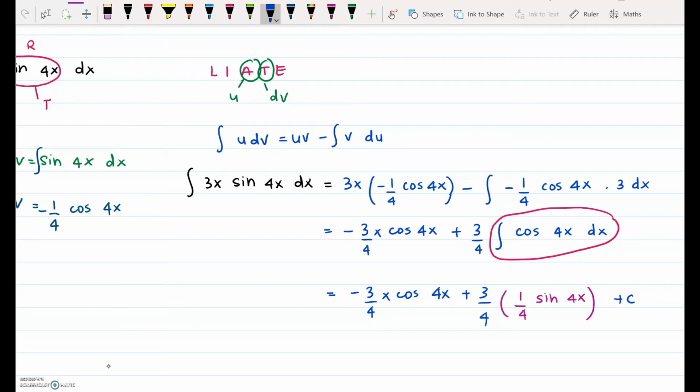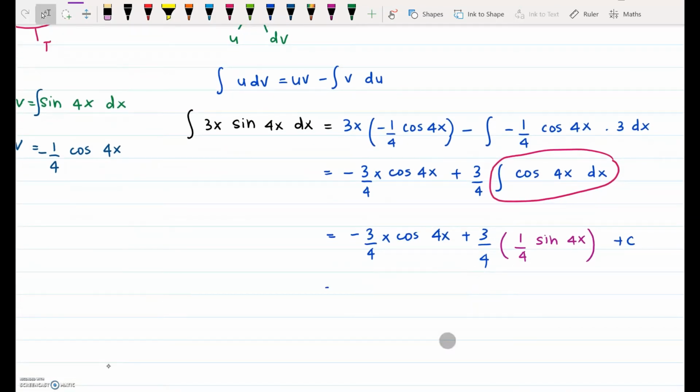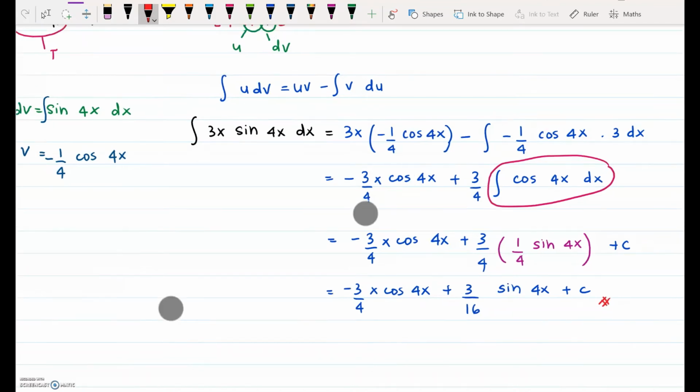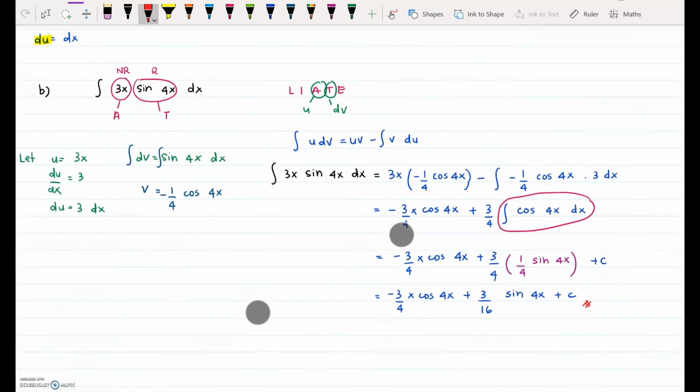Lastly, simplify, and we will have negative 3 over 4 x cos 4x plus 3 over 16 sine 4x plus c. Okay class, so this is your final answer.